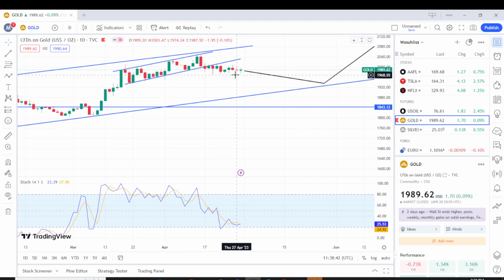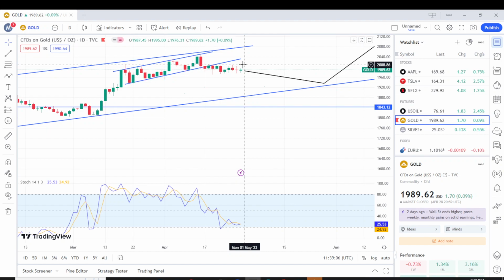This level here. The level starts from around 1970, and the maximum value attained that week was around 2010. So price has been in that level for that week.